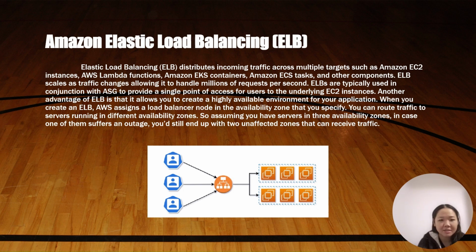ELB scales as traffic changes, allowing it to handle millions of requests per second. ELBs are typically used in conjunction with an ASG to provide a single point of access for users to the underlying EC2 instances.